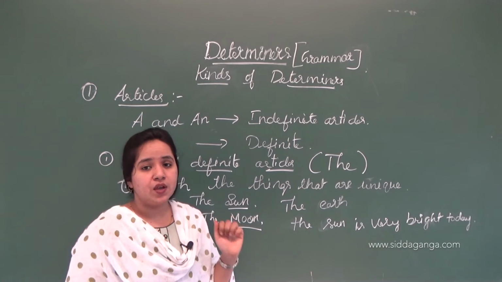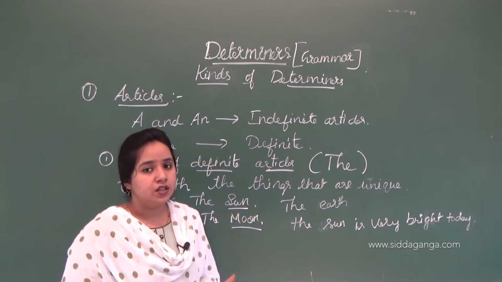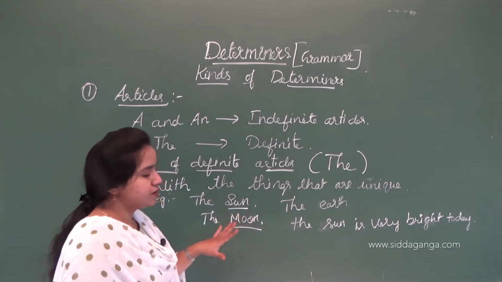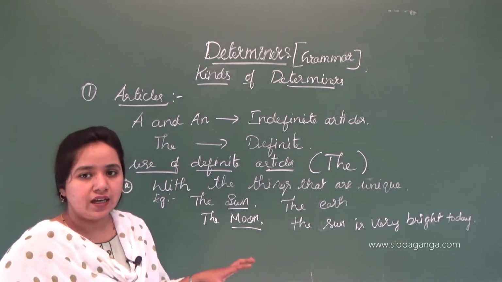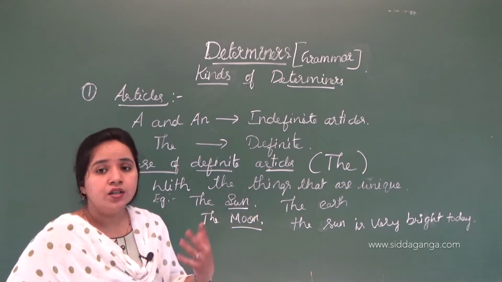So in that case we use the definite article before the noun. So this is the first rule: how to use the with things that are unique.